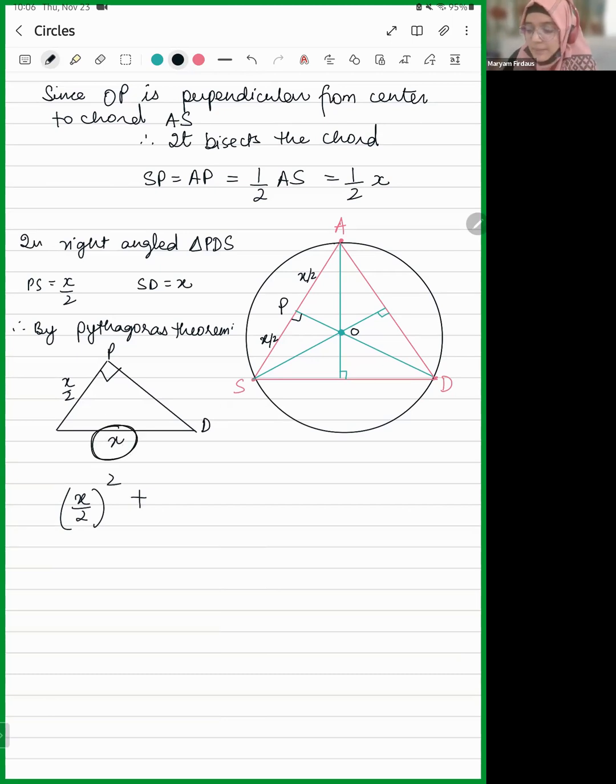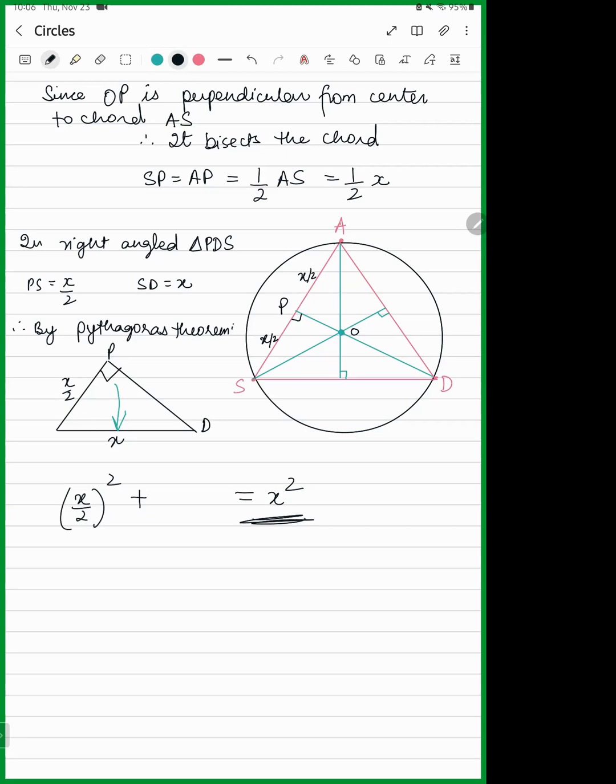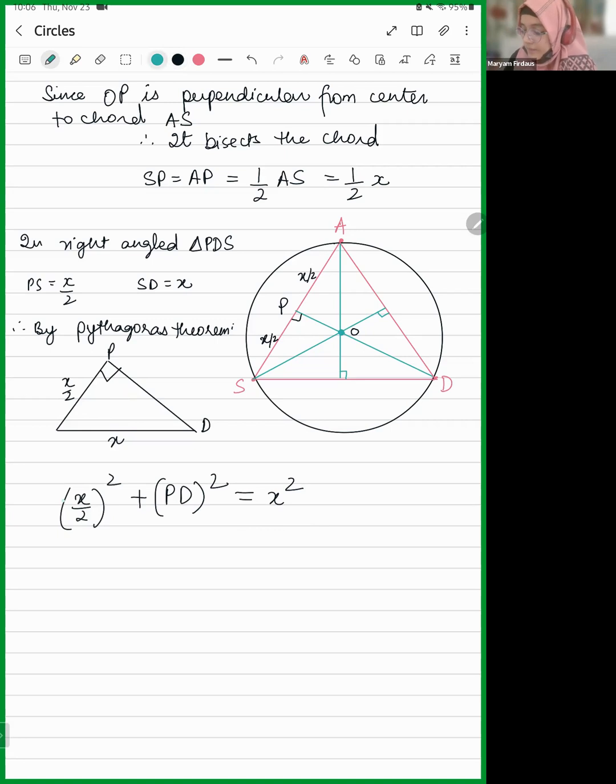This is the hypotenuse, opposite to the right angle, right? So this will always be the single one. This is going to be your statement of Pythagoras theorem, okay?